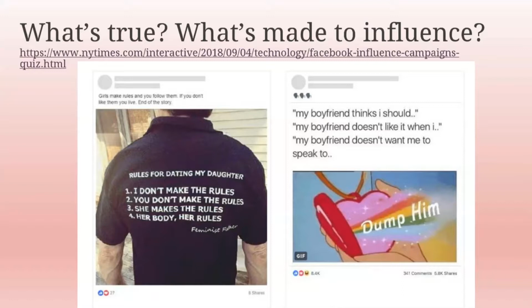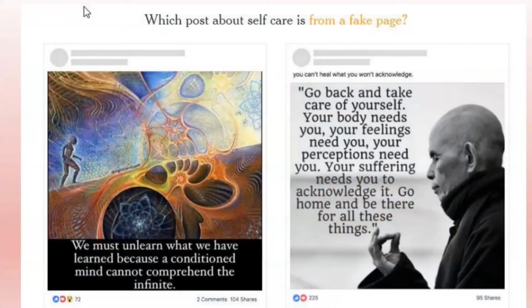So when we take in information, we need to filter it for its reality check. And the biggest reality check in social media is whether or not the person posting it really is out to influence you. Here's another one. A or B, which one of these is the fake post?